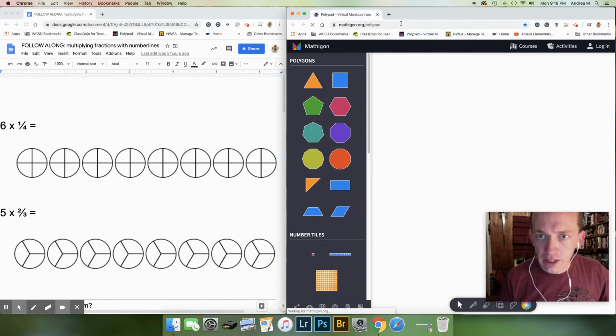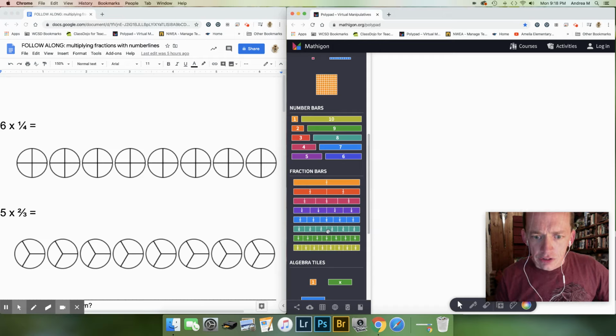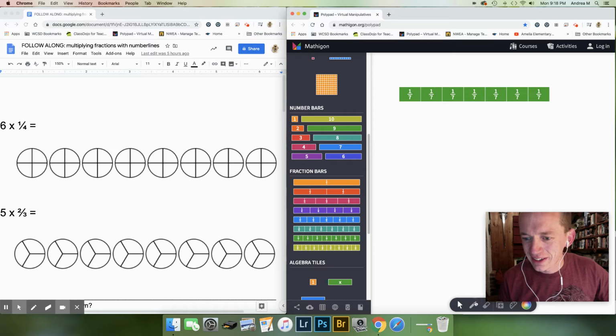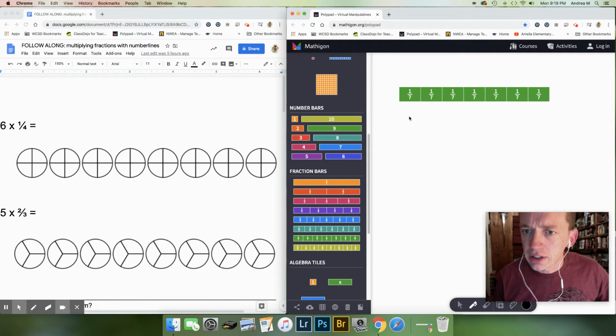Now, if I clear this out and show you another way, let's use sevenths. No one ever uses sevenths. So what we're going to look at is this idea of if I take this as a number line and I draw this like this here, right?